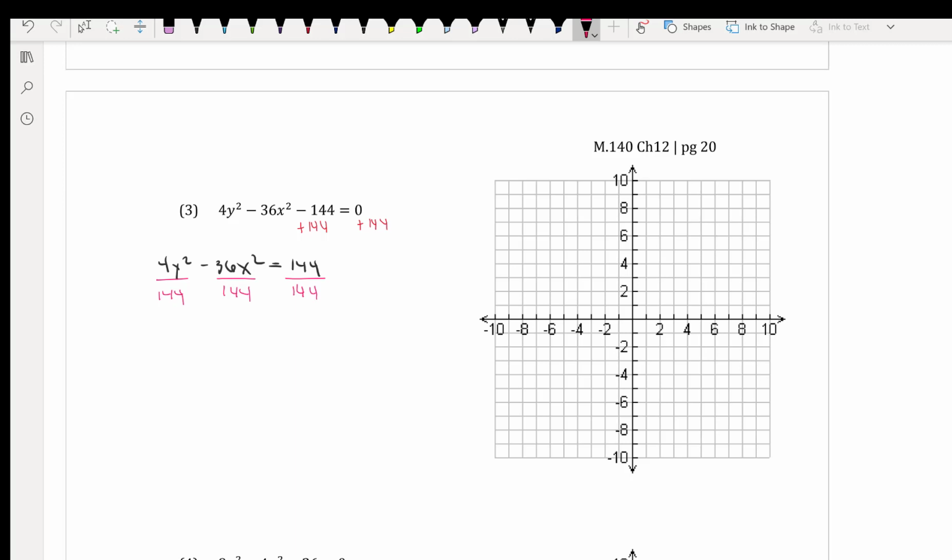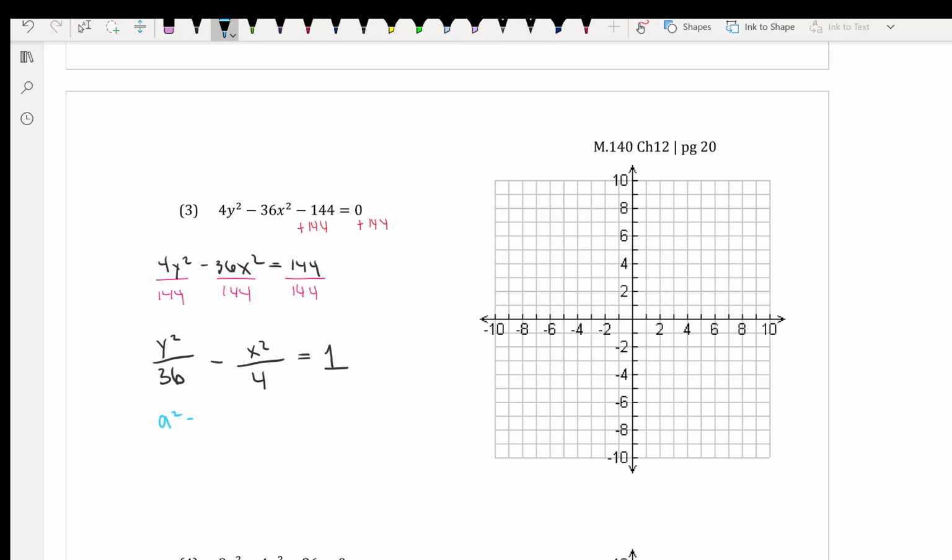So on my calculator I have 4 divided by 144, and that is going to give me y squared on top and 36 on the bottom. And then I'm going to have my x squared on top, and when I divide 36 by 144, that gave me a 4 in the denominator, and this is equal to 1.